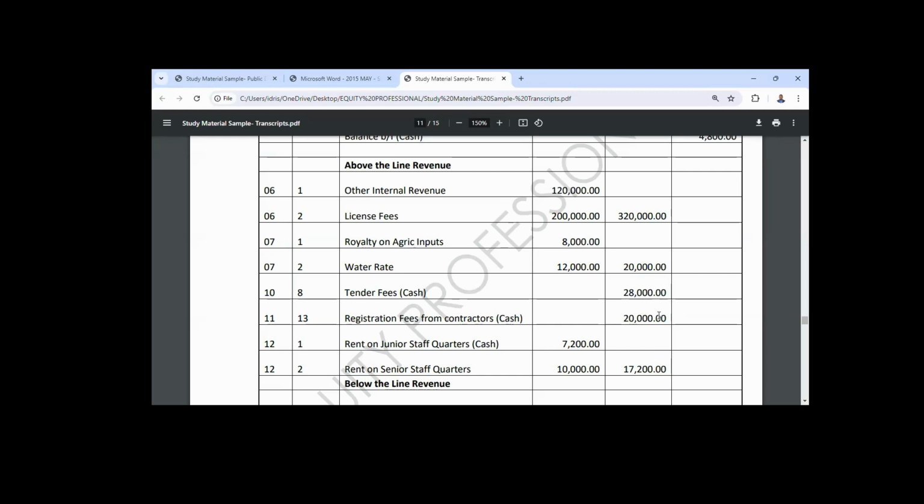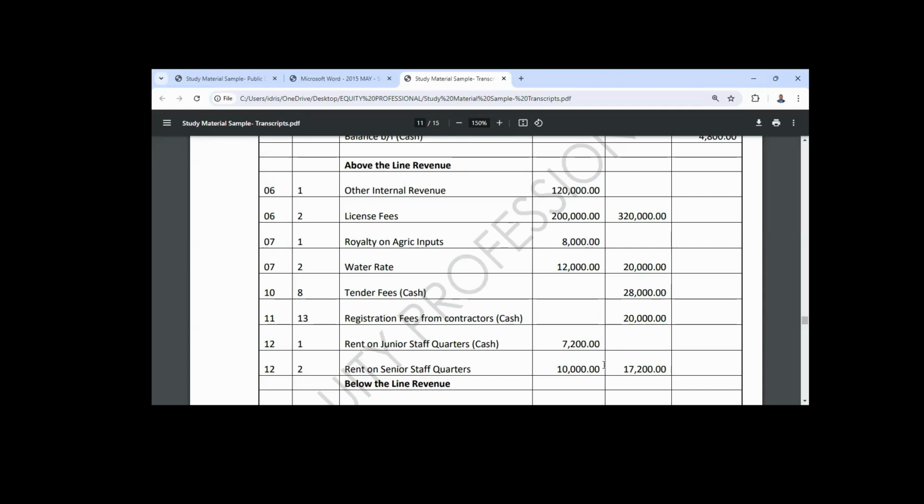But for rent on junior staff quota, it is at 12. Rent on senior staff quota is at 12. Since we have two at 12, we put them in the amount first before posting them in the subtotal. The amount is rent on junior staff quota 7,002, rent on senior staff quota 10,000.